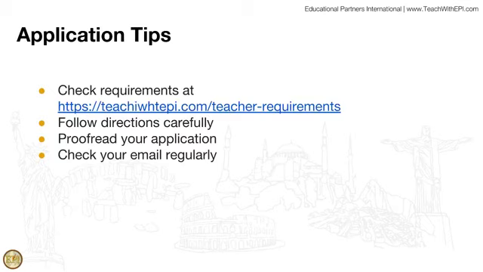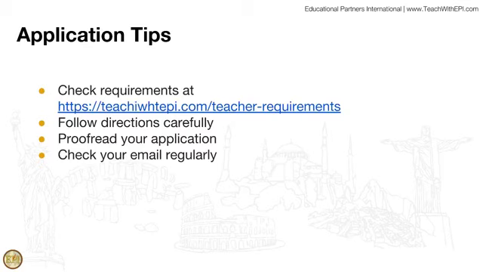The first step is to read all of our requirements before you apply. You can find our requirements at teachwithepi.com/teacher requirements. When completing the application, you will need to be sure to read and follow all directions carefully.